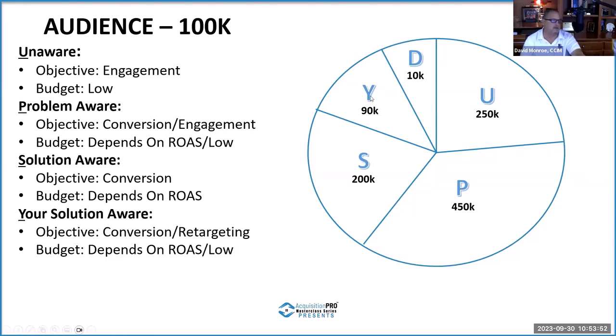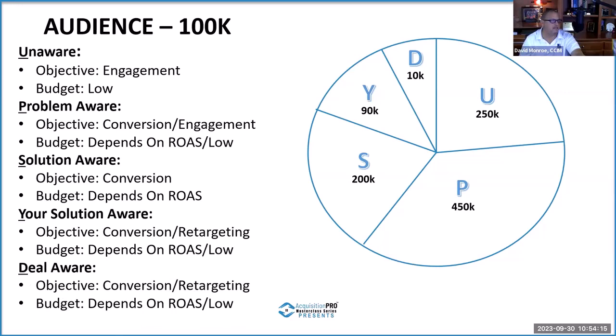So that is here. Budget depends on return on ad spend. And the reason it says low is because when you're retargeting, you are going with a lower budget when you're doing the awareness campaign. Awareness is low, conversion is higher. So that's where the low comes from.